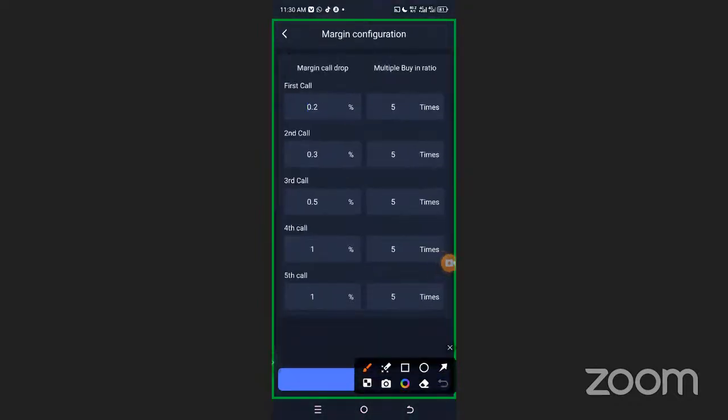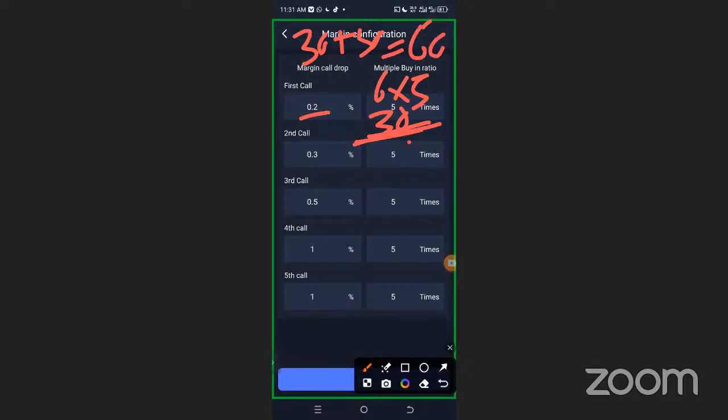Are we together? If it buys the first call, this is going to be 6 times 5, which is $30. The $30 which is being added by the robot when the market was dropping is going to be added to the first $30 that went to the market, which becomes 30 plus 30. This is $60. If it buys the second call, it is going to be 6 times 5, which gives us another $30.